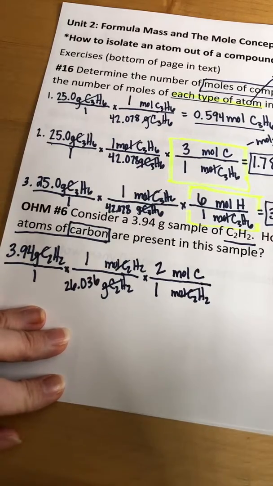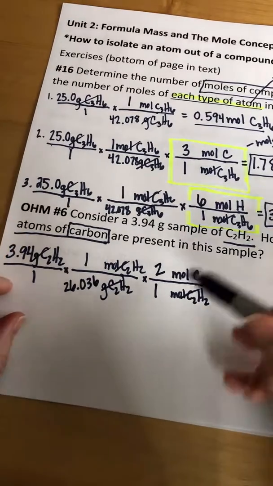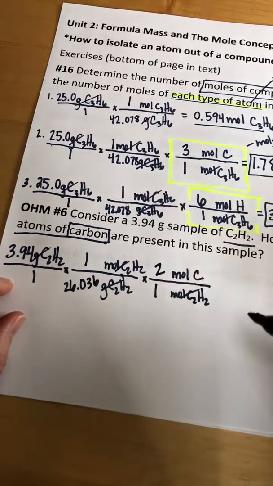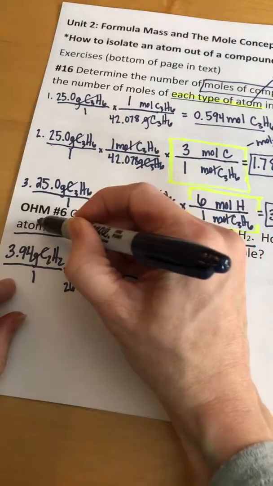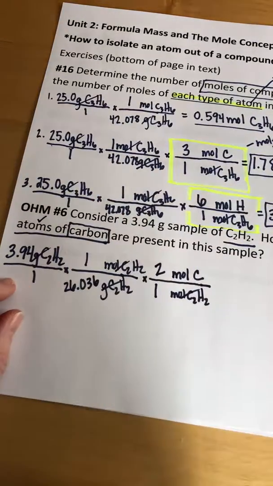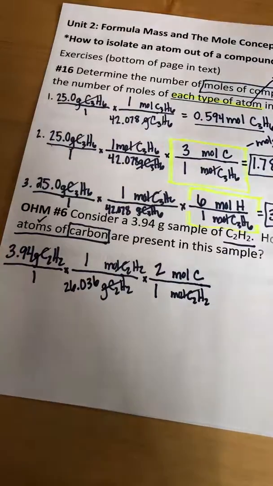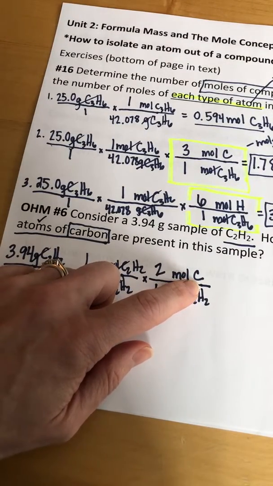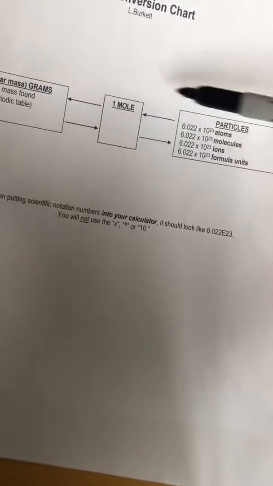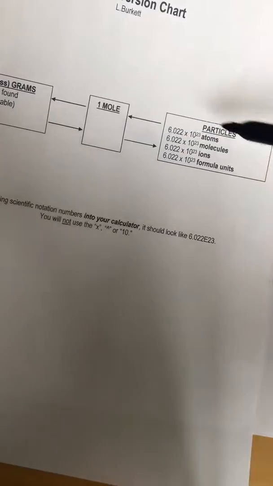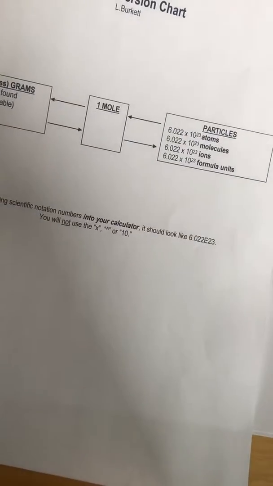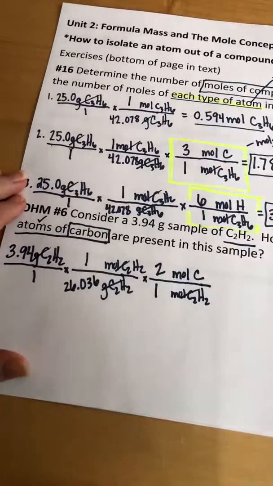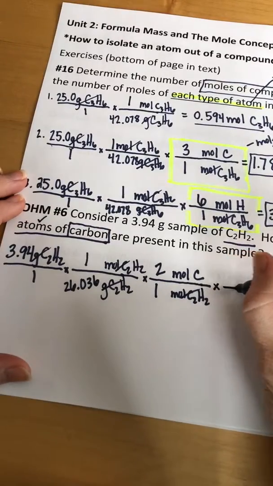Now this one asks you to go a little bit further. It doesn't want to know how many moles of carbon, but how many atoms of carbon there are. So at this point, now that I have isolated out the carbon, I can continue going from moles to atoms. That's a one-step conversion because they're right next to each other. So using that chart, I'm going to finish it up.